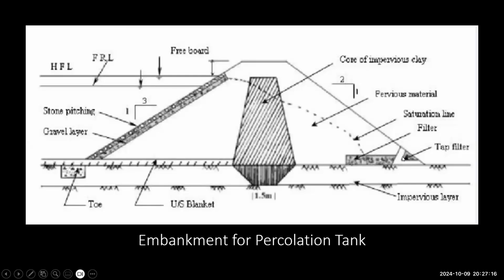So through this filter arrangement, the seeping water through the body of the dam is drained out so that less pressure is developed due to the seeping water in the embankment, and the embankment remains stable. So this is about the construction of an earthen embankment for a percolation dam.